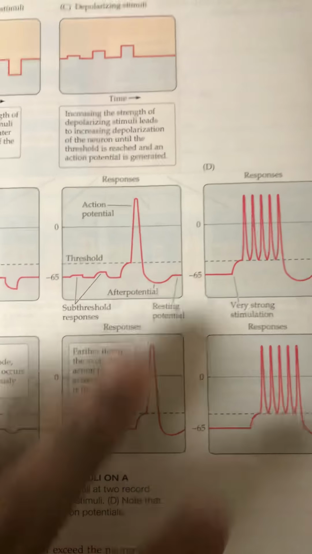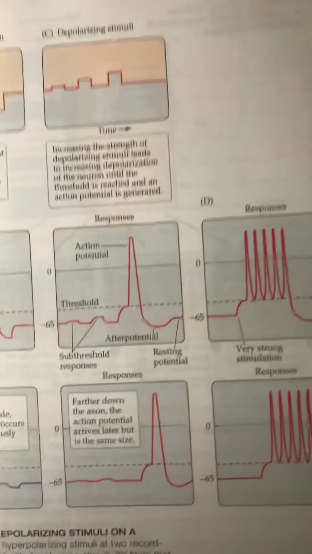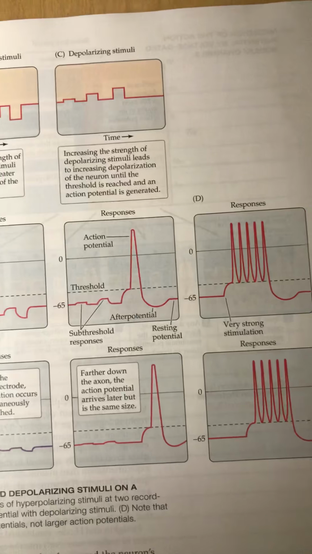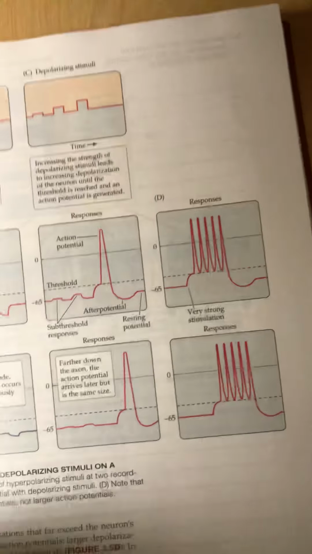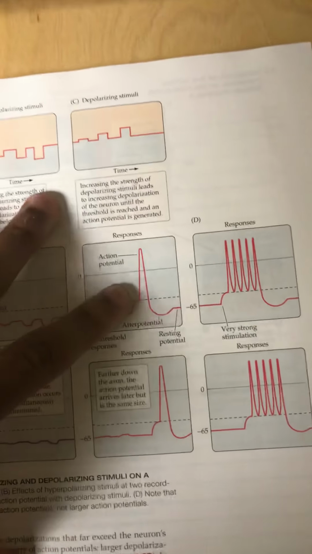Now, the after potential, as we see here, is the hyperpolarization right after the spike of an action potential, basically a refractory period. Cannot talk today. Everything is like, nothing is coming in, nothing is coming out.